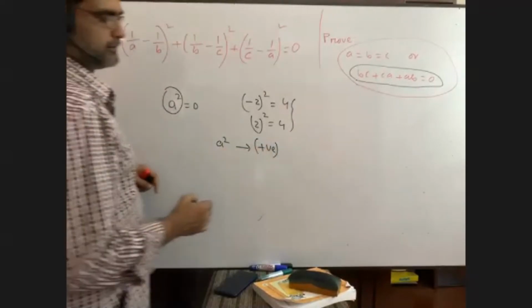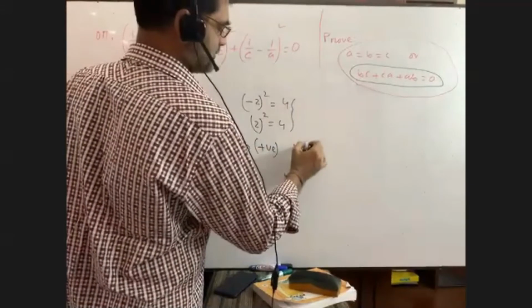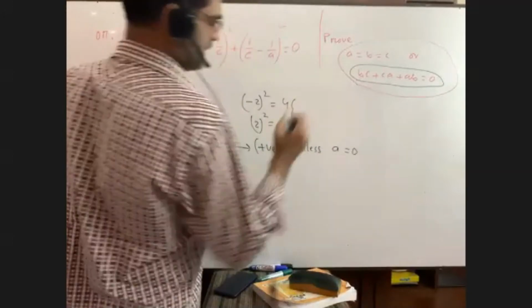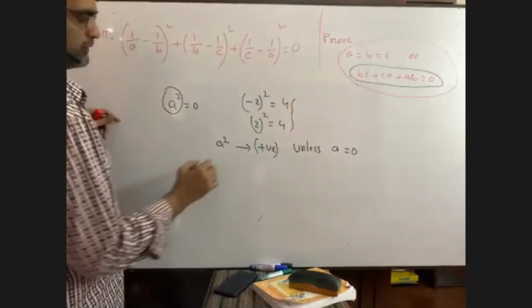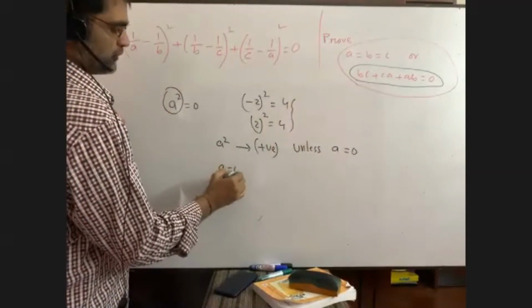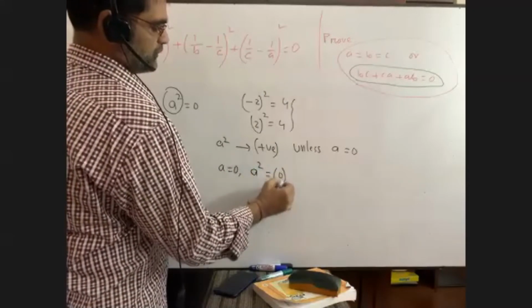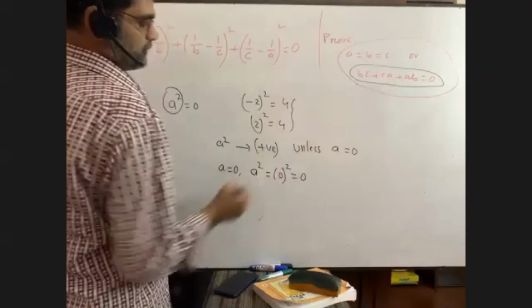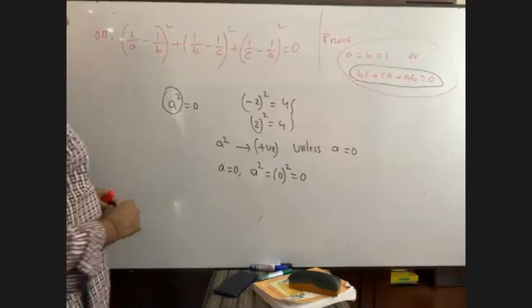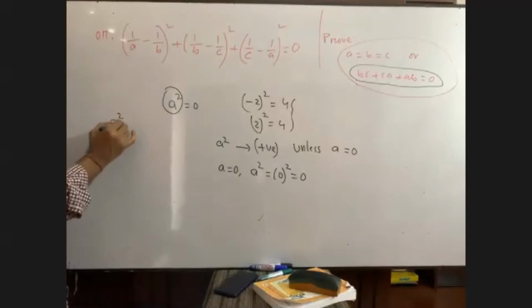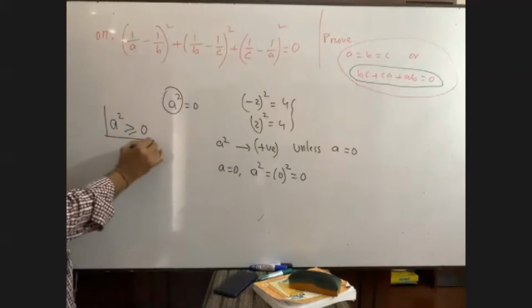Unless a is 0. That means if a equals to 0, we get a square equals to 0 square, that is equal to 0. Please try to understand. That means the value of a square is greater than equal to 0.